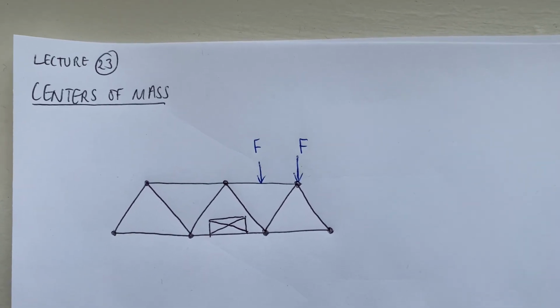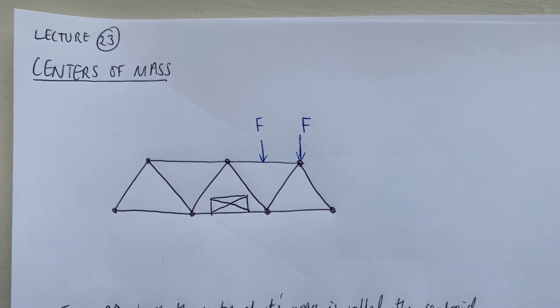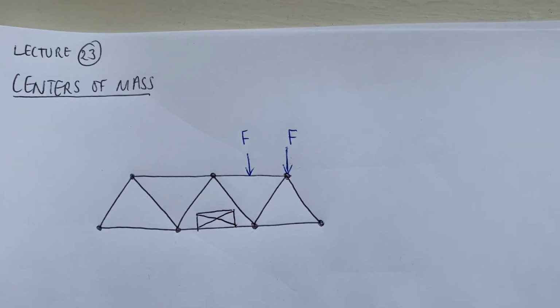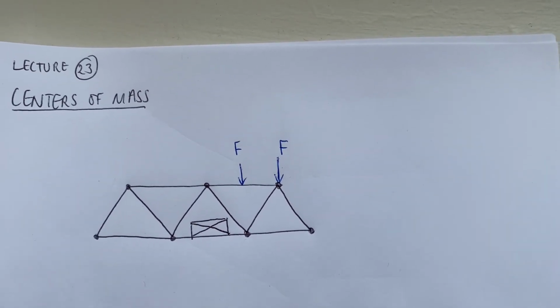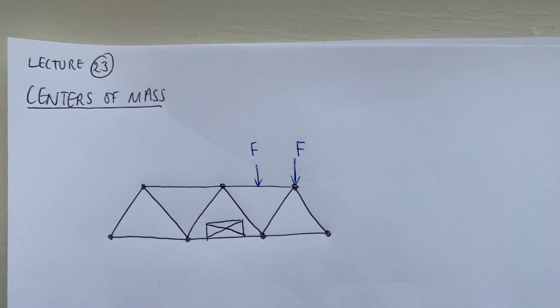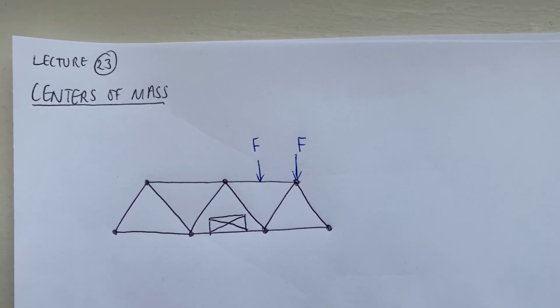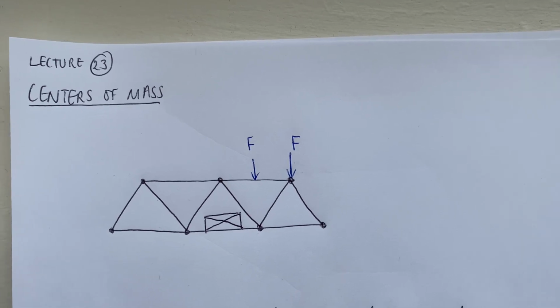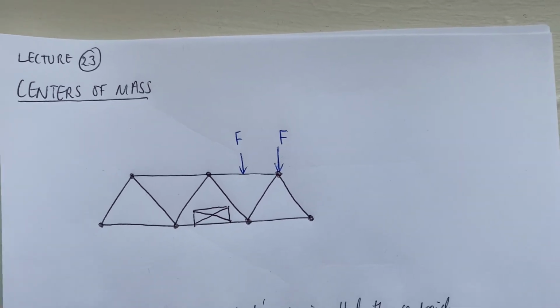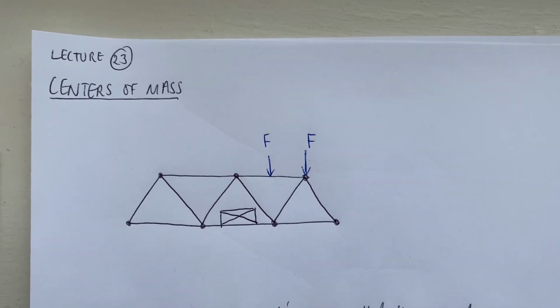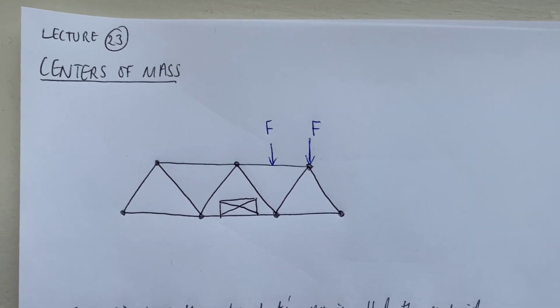And that's fairly easy to do for simple shapes like squares and rectangles, but for more complex shapes we need to work out where the center of mass of that shape is using some different techniques, which we'll get onto later in this tutorial.